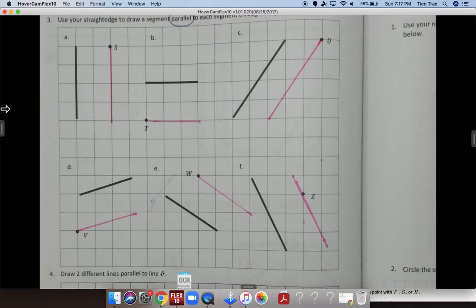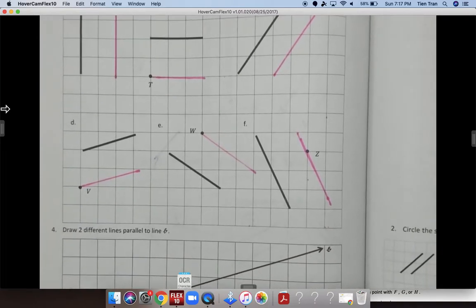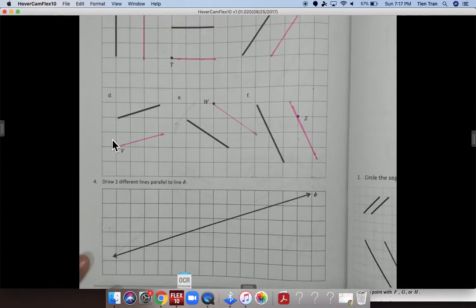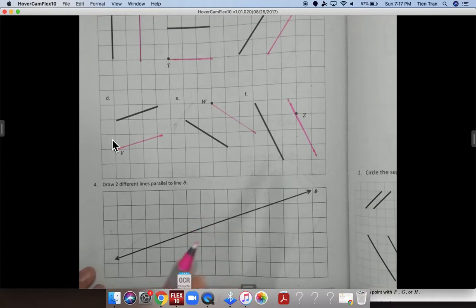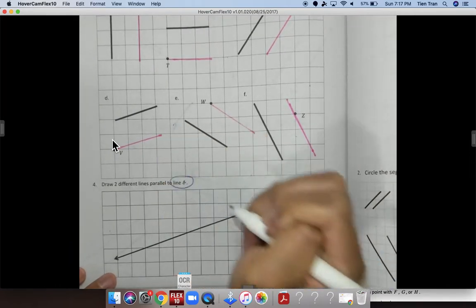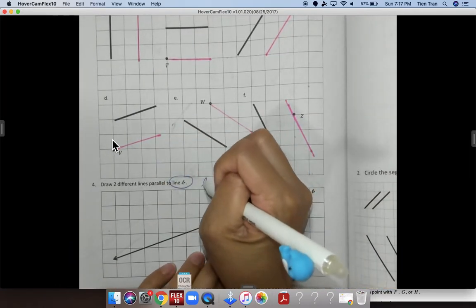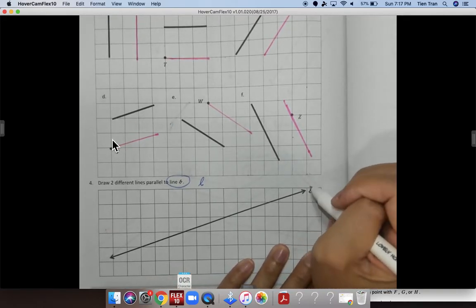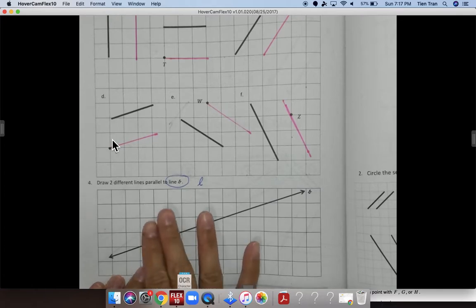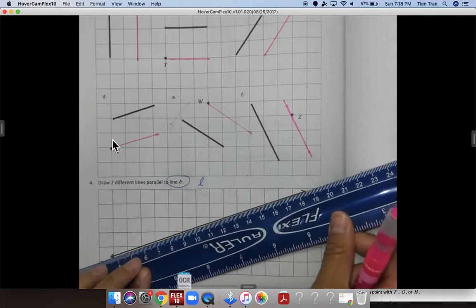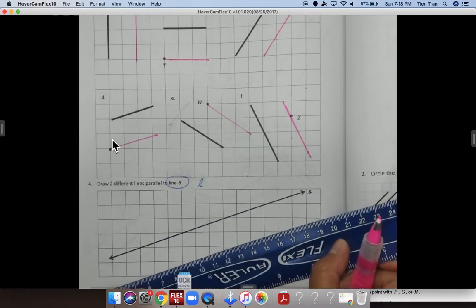Okay, now for number 4. I'm going to zoom out a little bit so I can actually see this one. For number 4, it says draw 2 different parallel lines to line L. That's a cursive L, so cursive L like that, but they made it very fancy looking. So this is line L right here, and they want us to draw 2 different lines that are parallel to line L. So that's what I'm going to do. I'm going to draw a parallel line all the way down here.